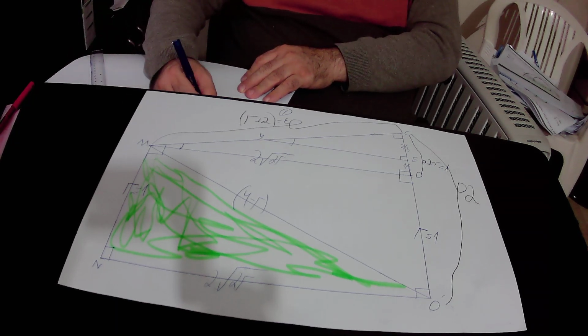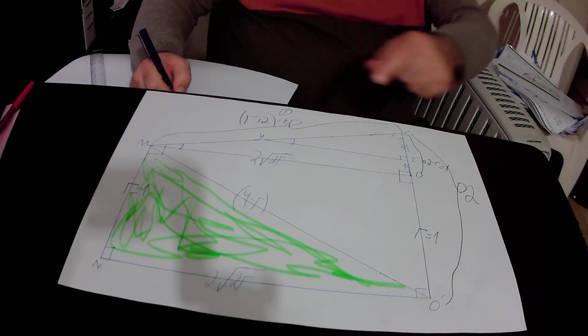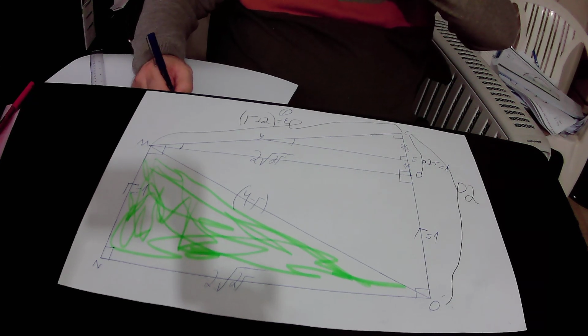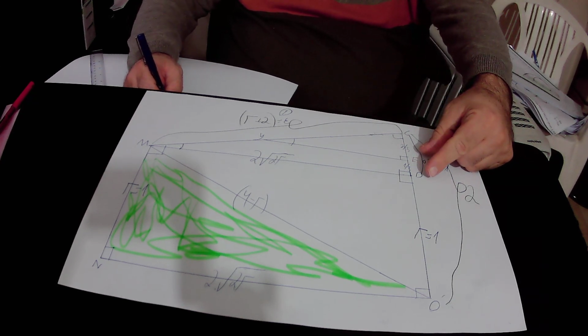So OE equals OD plus DE, where OD equals 1 and DE equals a third.